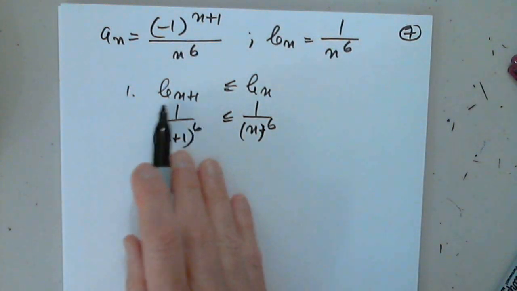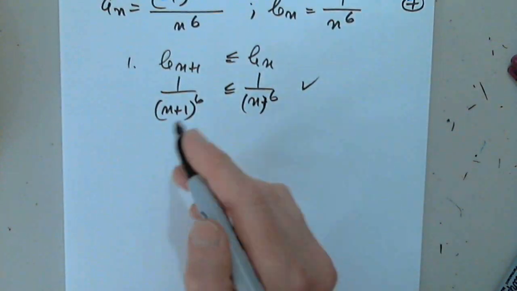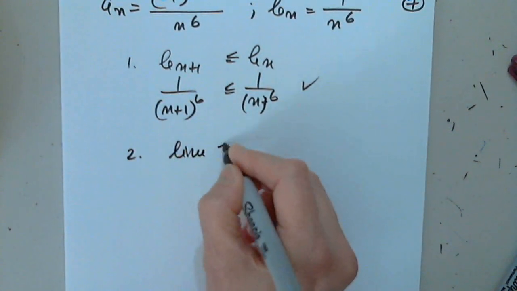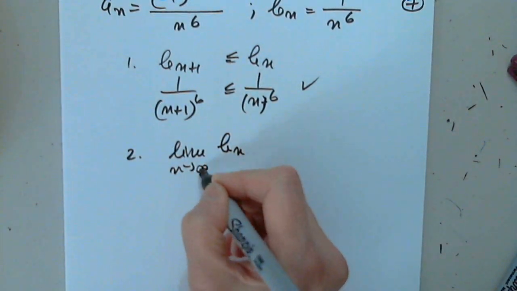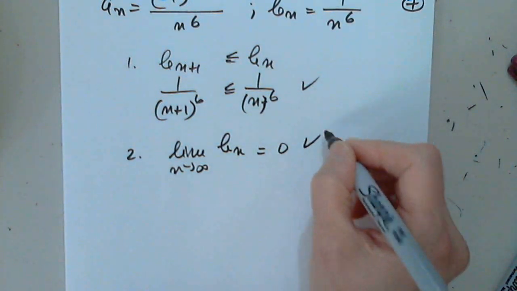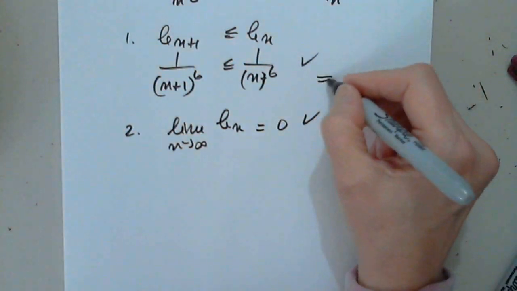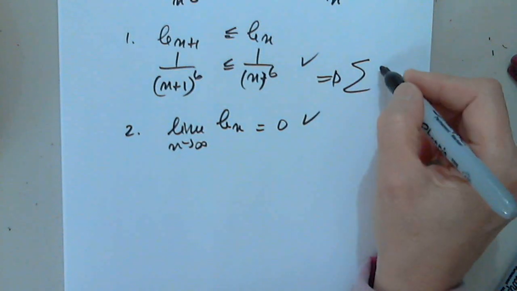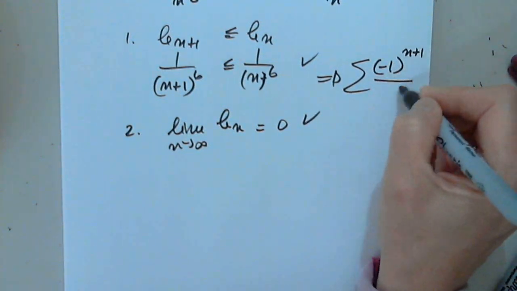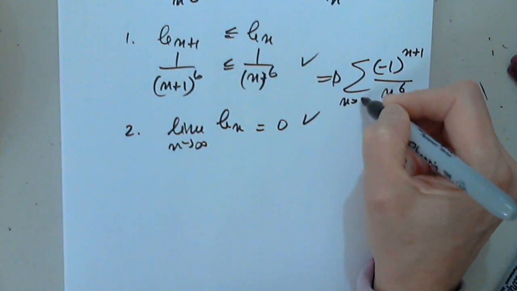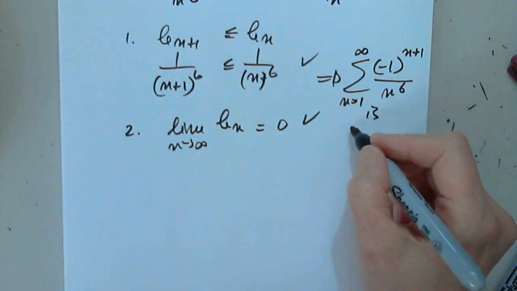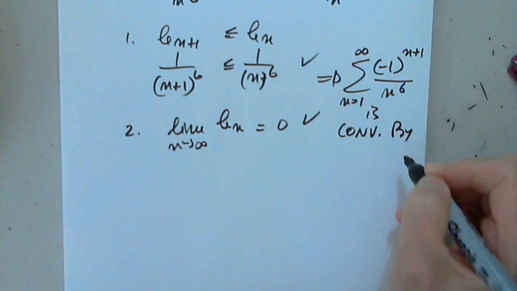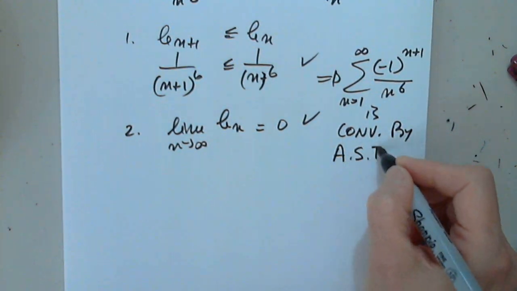Higher denominator, smaller fraction. And number 2, is the limit of b sub n as n approaches infinity 0? Yes, of course it is. So this is clear that the series of -1 to n plus 1 over n to the sixth is convergent by the alternating series test.